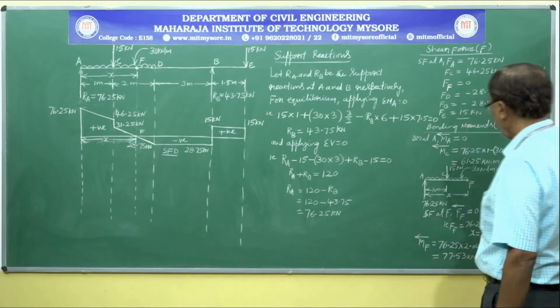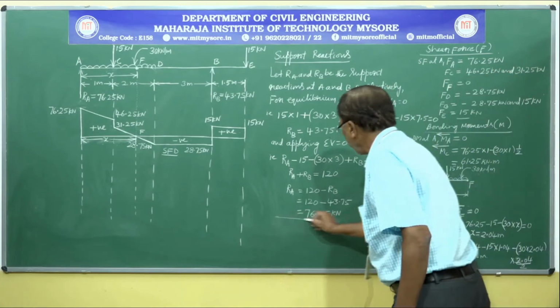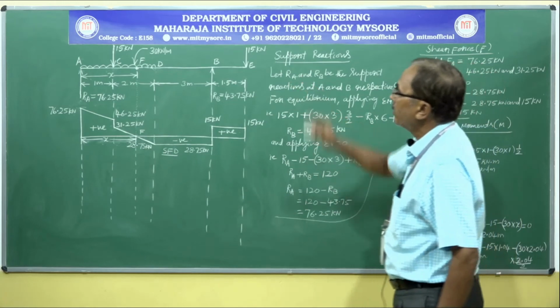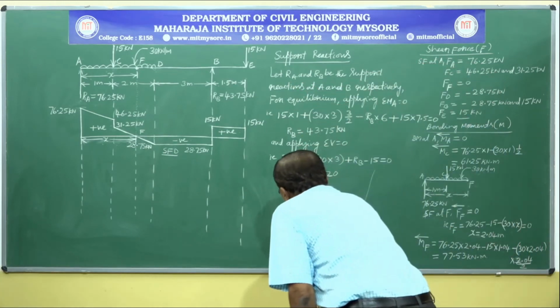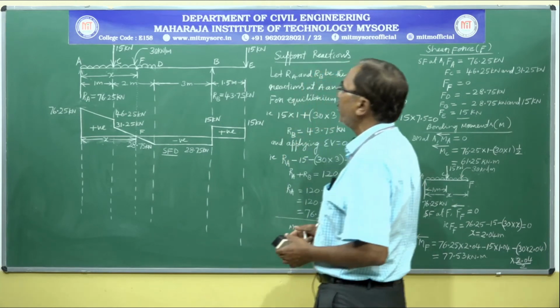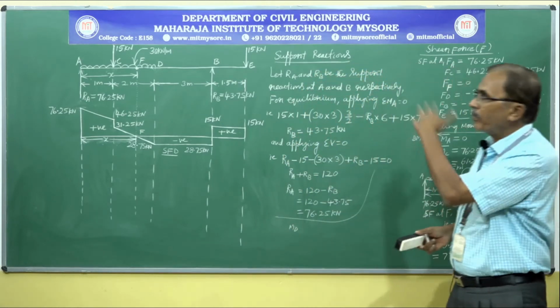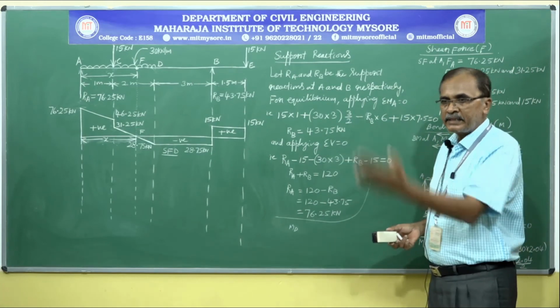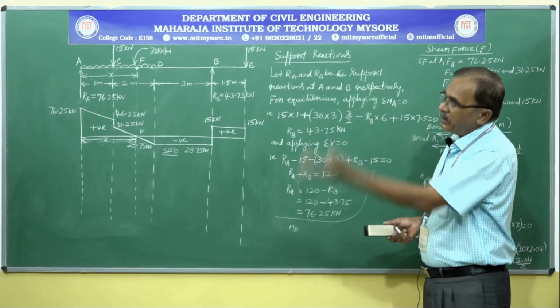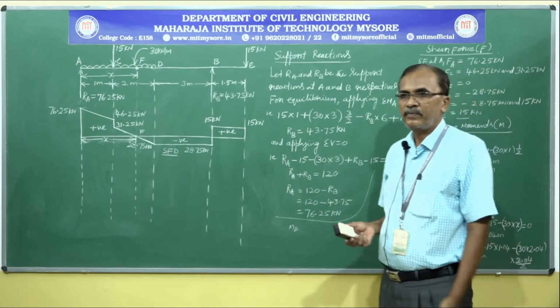Next, let us calculate bending moment at point D. Here, to calculate bending moment, we can consider forces to the left of the point D or to the right of the point D. Side considered depends upon the number of loads acting on the sides.